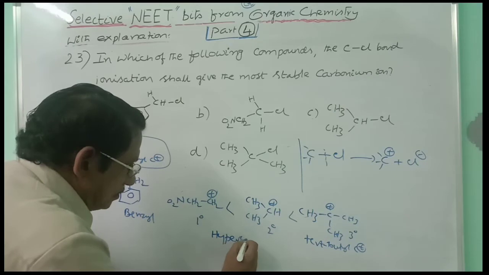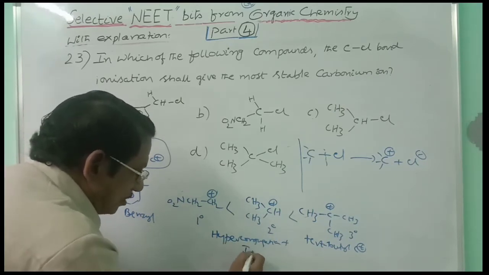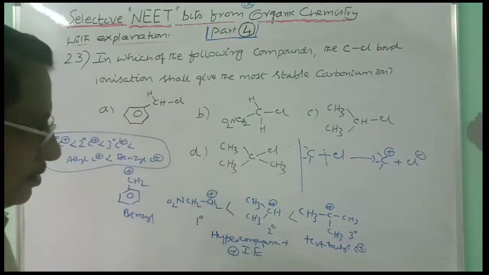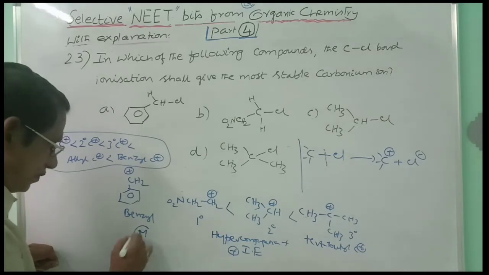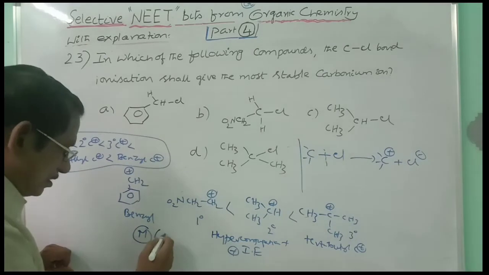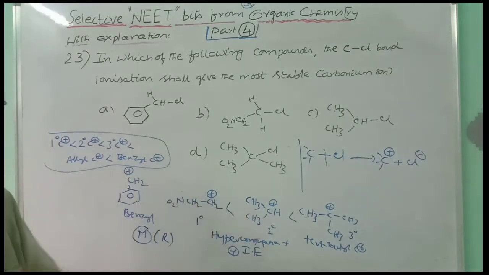Here you can take the concept of hyperconjugation plus inductive effect also. Combined effect will be there. Anyhow, the mesomeric effect is dominating over hyperconjugation. Whenever there is a mesomeric effect through resonance, first preference; second, hyperconjugation; third, inductive effect.